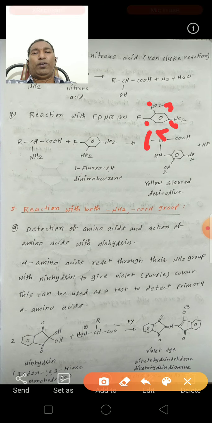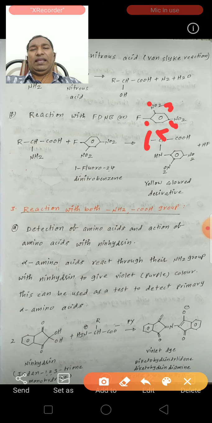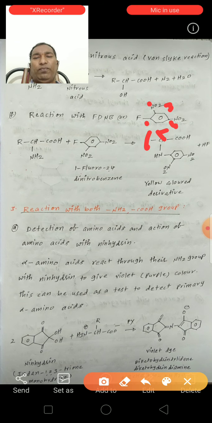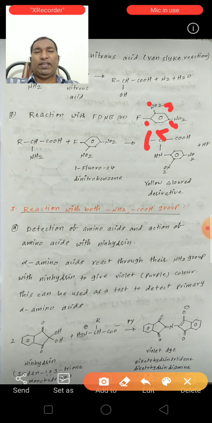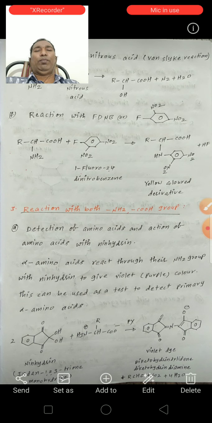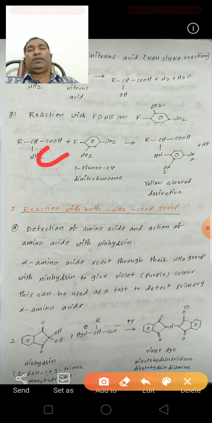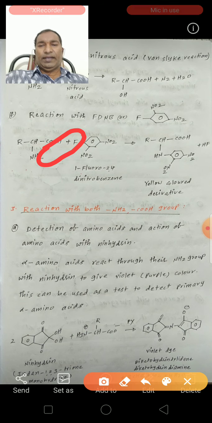So 1-fluoro 2,4 dinitrobenzene is abbreviated as FDNB. When amino acids react with 1-fluoro 2,4 dinitrobenzene they give a yellow colored derivative by removing HF. We simply remove the NH2 hydrogen and this fluorine, and the dinitrophenyl group is added to the nitrogen. This is the yellow colored derivative.